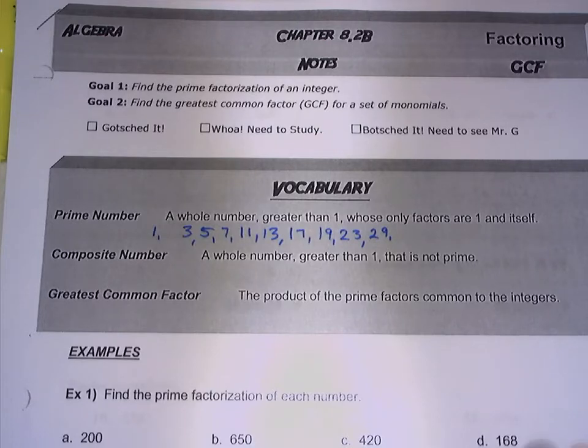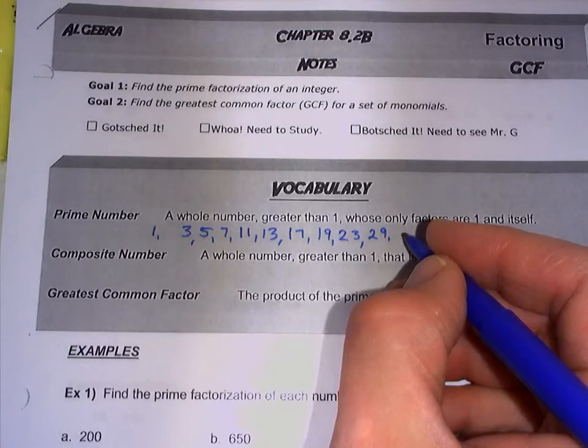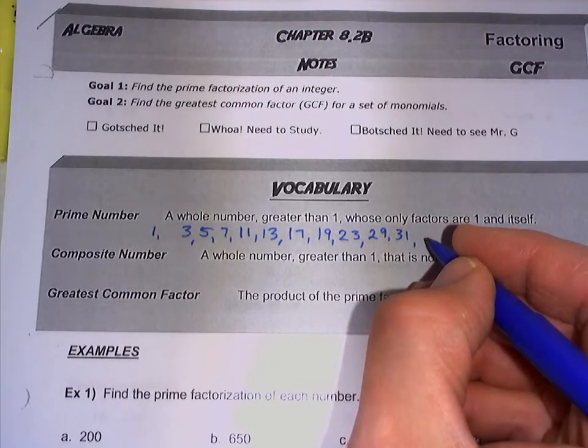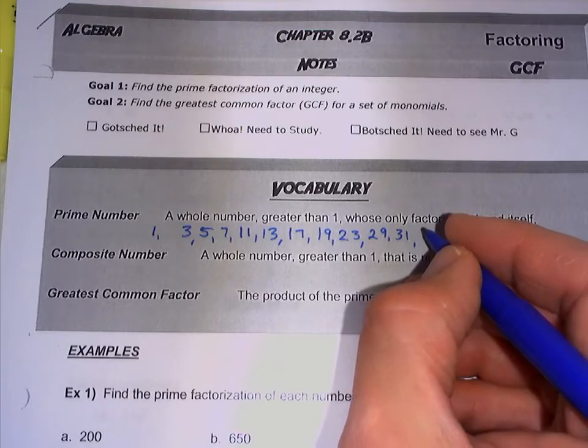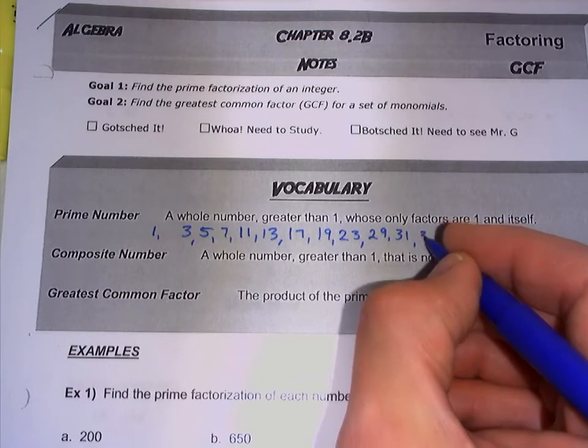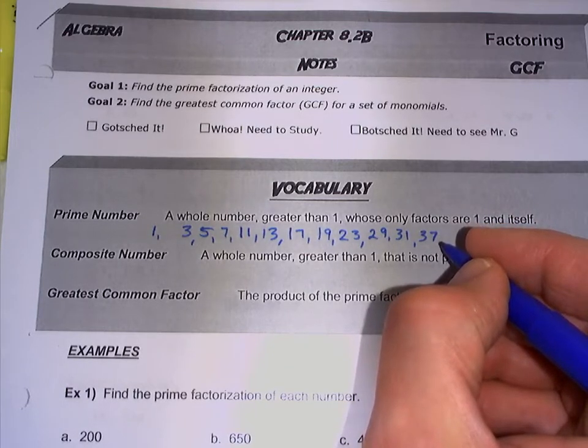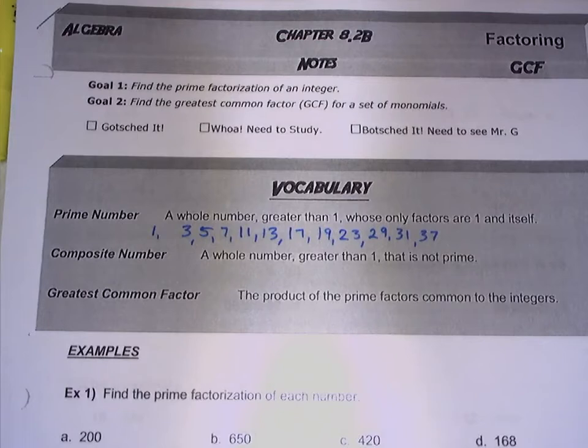And then let's stop. Give me some in the 30s. 31. 33 is divisible by 3, right? 37. 39. We'll stop there. That's quite a few.